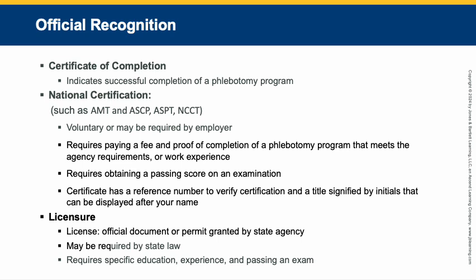All the tests, all the exams, you've been checked off in lab, you've done your clinical rotations. That means that you have successfully passed the phlebotomy program, and you're now a trained phlebotomist. Okay, so that's what you're going to get. The school will offer you a certificate of completion.